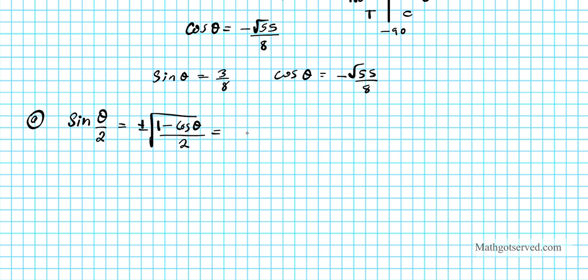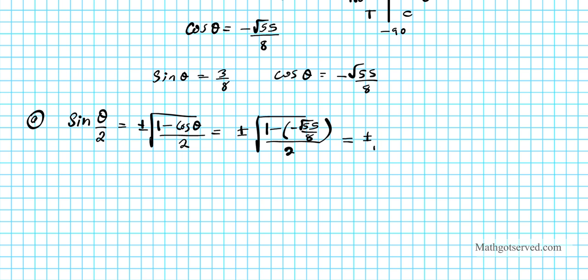Okay, let's plug in the value. We have plus or minus the square root of 1 minus cosine theta, which is negative root 55 over 8, so negative root 55 over 8, divided by 2. Okay, simplify further.